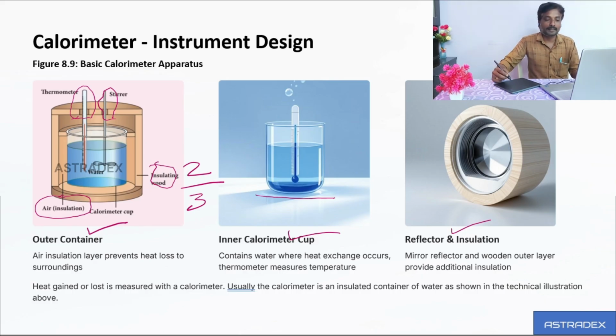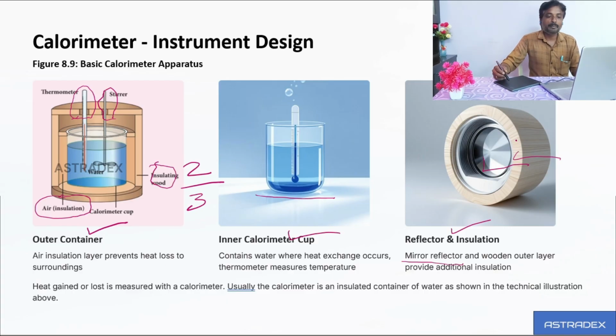The mirror acts as a reflector, and outside the mirror a wooden insulation layer is given. The air layer, the mirror reflector and the wooden outer layer all provide insulation, that is, they prevent heat loss to the surroundings.